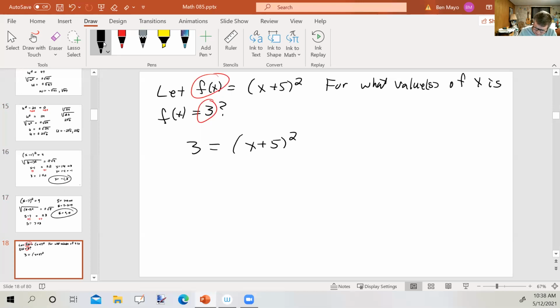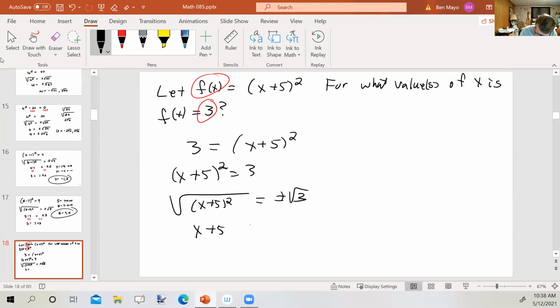And dealing with it this way is fine, but I always like to have my perfect square on the left. So I'm just going to switch it around, which doesn't change anything. Then we'll take the square root of both sides of the equation. So we get x plus 5 equals plus or minus the square root of 3.